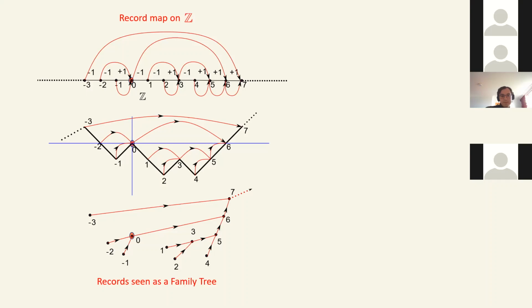I plot this graph. Now, if you take a random walk with increments satisfying the previous slide, what you get is an object called the eternal Galton-Watson tree with offspring distribution X_n plus 1. It's a very popular tree, a universal object, and it's studied very well in the literature.